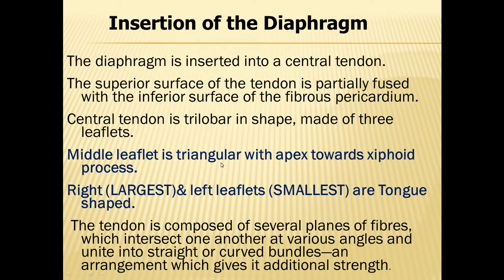We'll see the diagram. This tendon is composed of several planes of fibers which intersect one another at various angles, and they unite into straight or curved bundles, and this arrangement is responsible for the additional strength of the diaphragm.